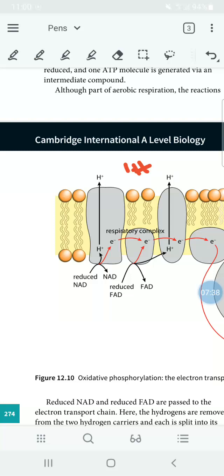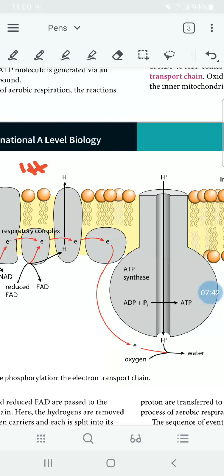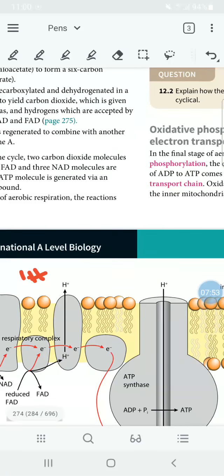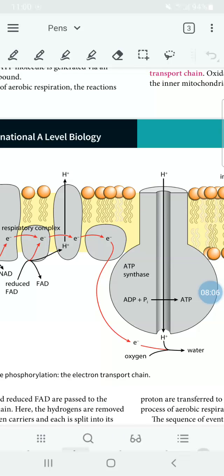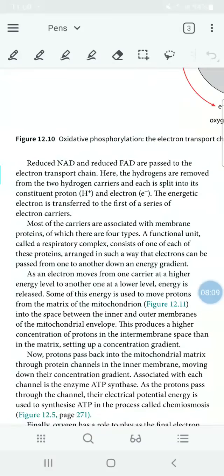There is a higher concentration of protons there, and as a result, hydrogens begin to move in from here through the channel proteins. They come in. All right. I hope you understood up until that point.